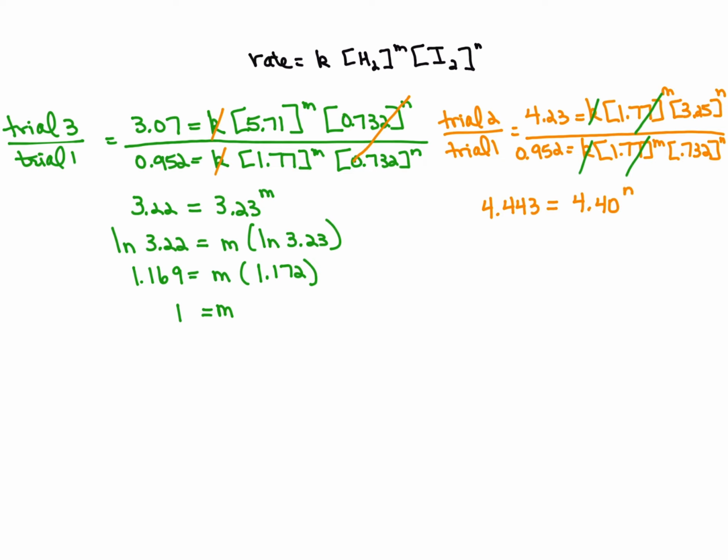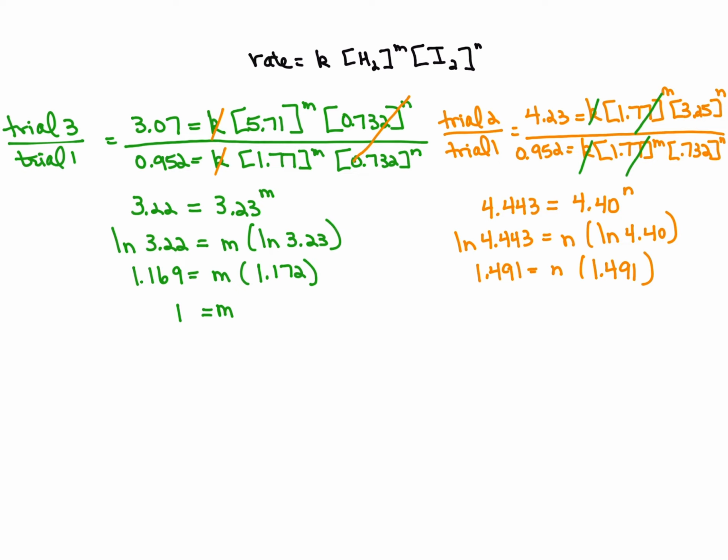I want to get that power n down so I can solve for it. I have to take the natural log of both sides. That gets my n out of the power. The natural log of 4.443 is 1.491, and the natural log of 4.40 is 1.491.